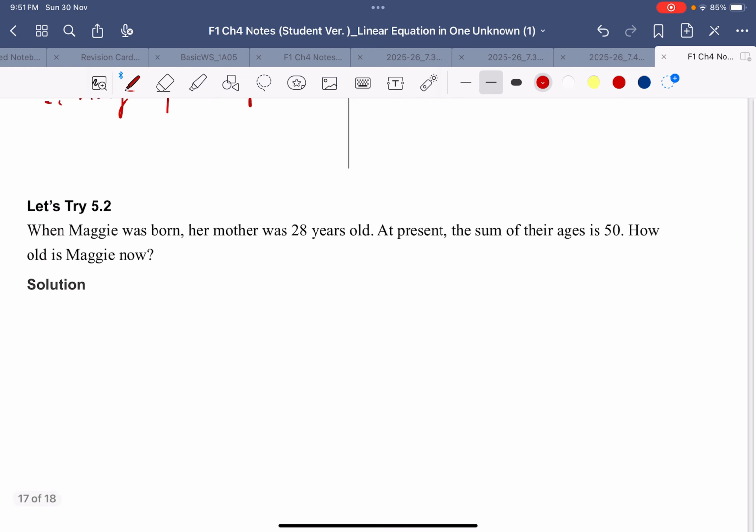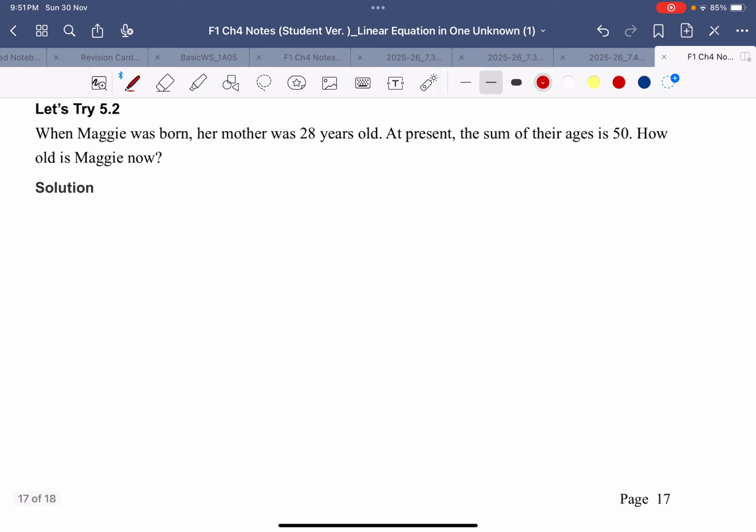Okay, again an age problem. Pause it, try to write down the equation. Let X first be the present age of Maggie. Then her mother's present age will be X plus 28. 28 years older than her daughter, right?